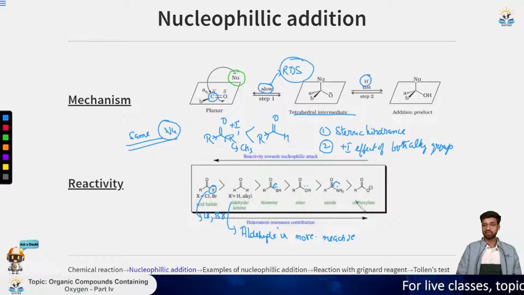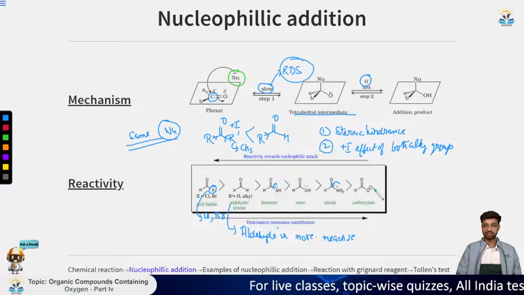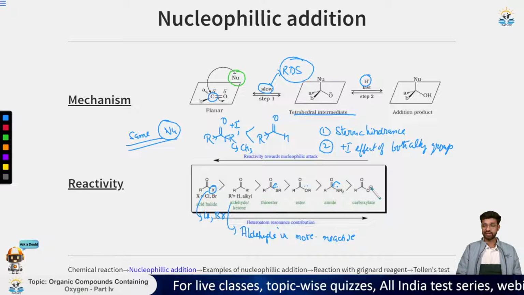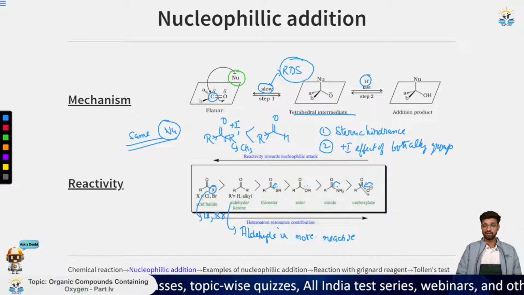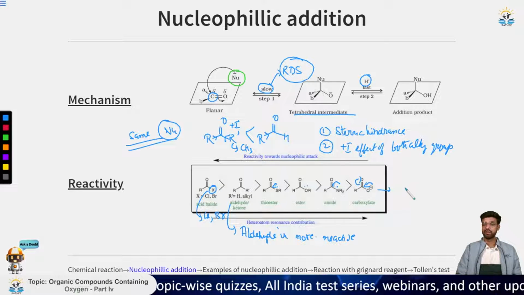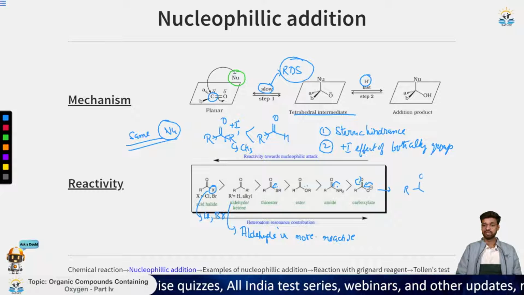At last we have the carboxylate ion. Now the carboxylate ion is the least reactive one here, because oxygen is donating its free lone pair, carrying almost a unit negative charge, so it will resonate very efficiently.